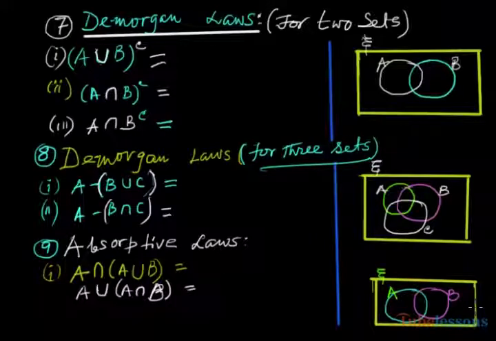Now De Morgan's law. For two sets A and B, here A union B whole complement. In this picture, A union B represent this area.